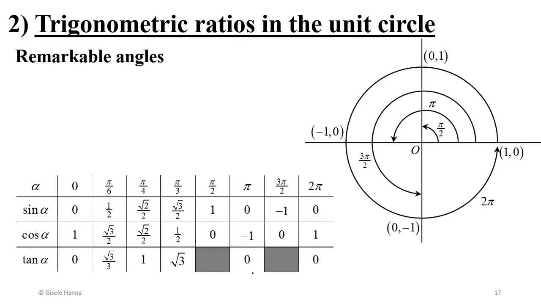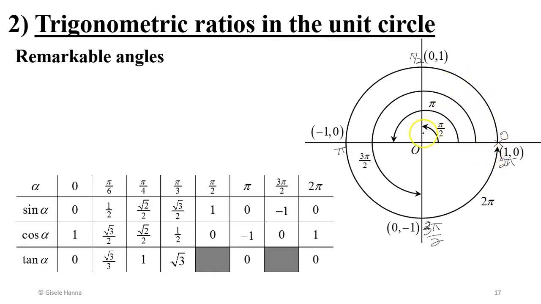Now, in this last part, we're going to determine the trigonometric ratios of remarkable angles. The remarkable angles are 0, pi over 2, which is 90, pi, which is 180, 3 pi over 2, which is 270, and then 2 pi, which brings me back to the same point as 0.